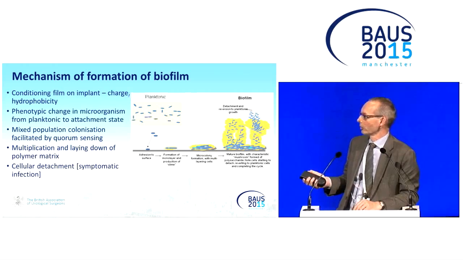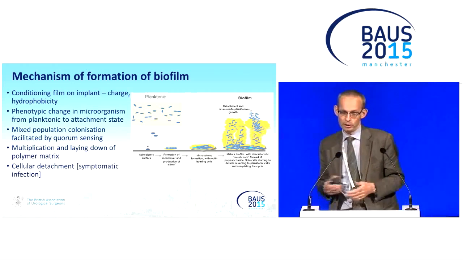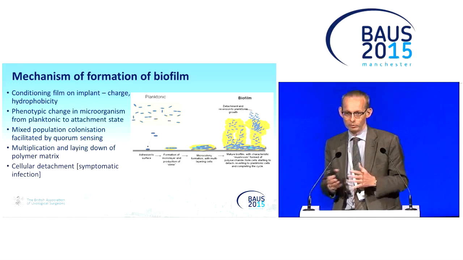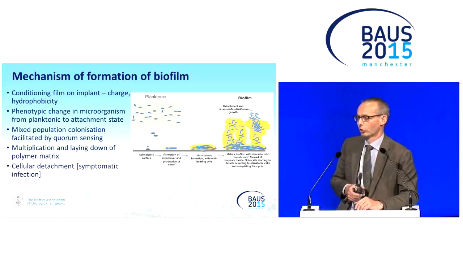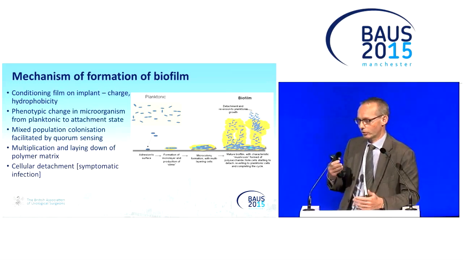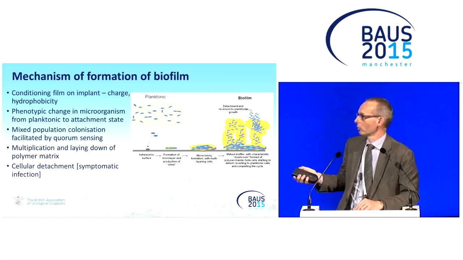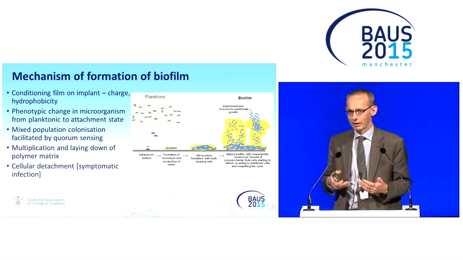First of all, you can get a conditioning film on the implant, which is likely for a penile prosthesis to be a fibrin layer following some of the hematoma formation after implantation of the device. Whereas for a urinary catheter, where you've got the typical flow of urine, it can be a more inorganic mineral conditioning film.